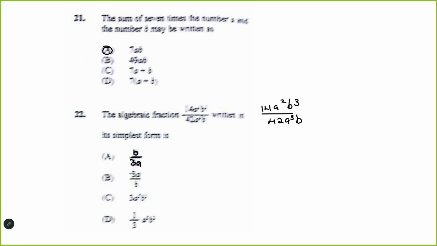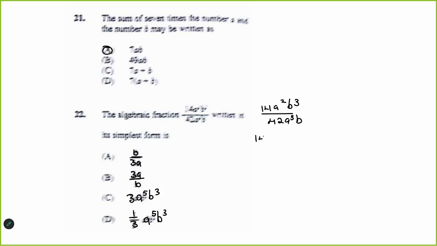The next answer was 3 over b, and the third was 3a^5 b^3. So this is the algebraic fraction, and it must be written in its simplest form. You need to break it down to its simplest form.